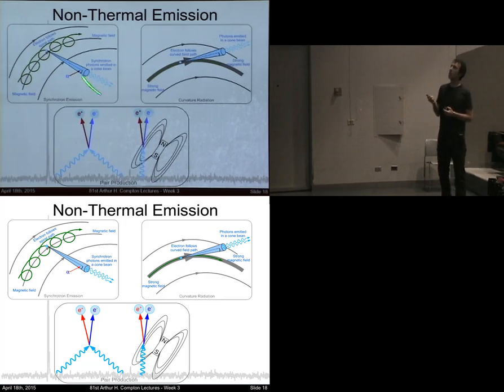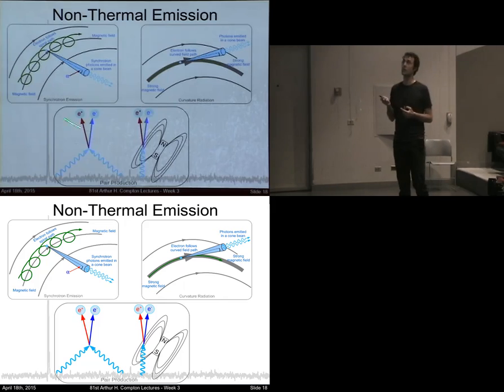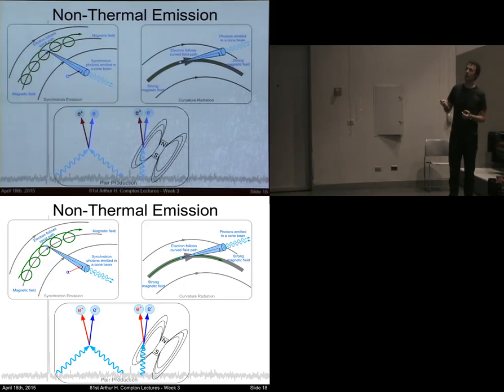One of the most important processes for making non-thermal emission is called synchrotron emission. This happens when you have an electric field and a magnetic field, and the particle is accelerated by the electric field, but as it's accelerated, it spirals around the magnetic field and it sort of shoots out a cone of photons. That's called synchrotron emission, and that's an example of non-thermal emission.